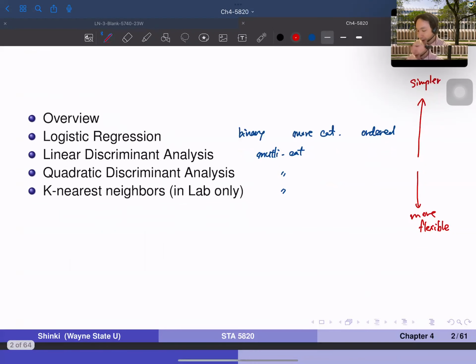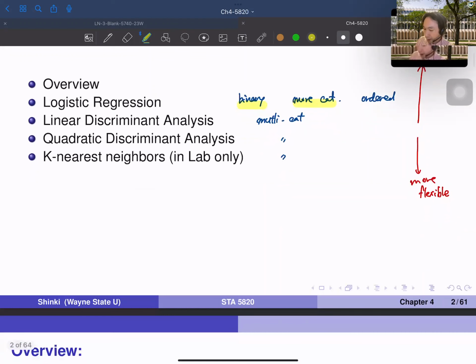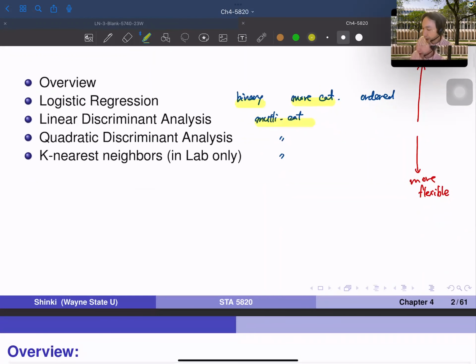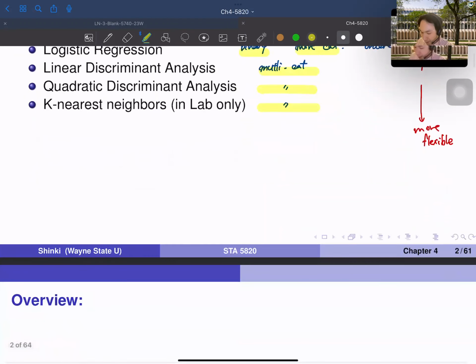Logistic regression is covered if you took my 5030. Maybe other instructors may not cover it. The multinomial logistic regression, I think I covered in 6840, not 5030, but except for that, not really. Linear discriminant analysis, I forgot, maybe it's covered in 6840, maybe not. Quadratic discriminant analysis, maybe not, and so on.